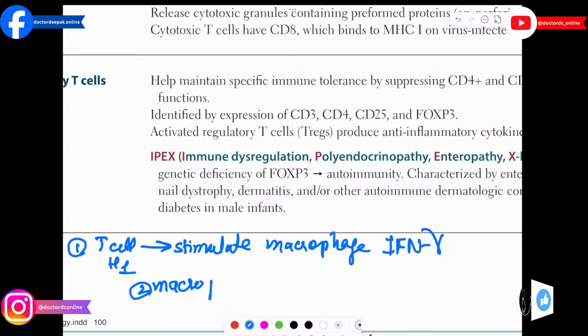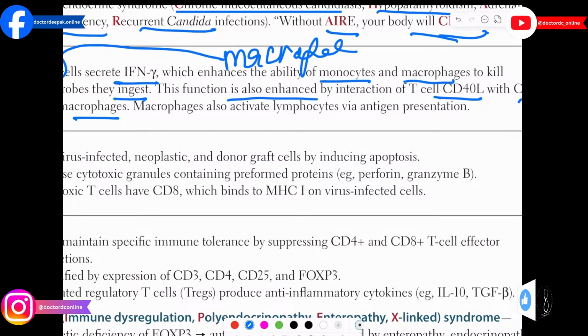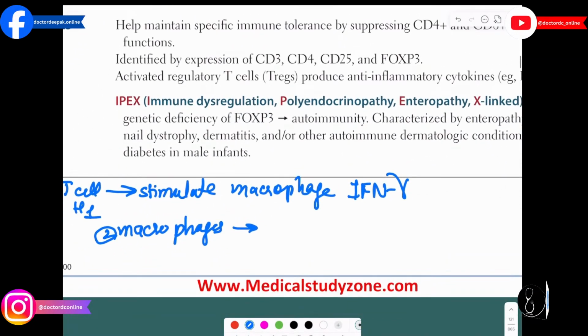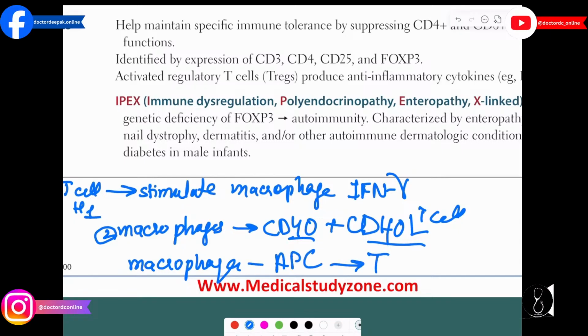Second, the macrophages also interact with the T cell by CD40 and CD40 ligand. CD40 is present on the macrophages and CD40 ligand is present on the T cell. And secondly, the macrophages also act as antigen presenting cells and go to activate T cells.